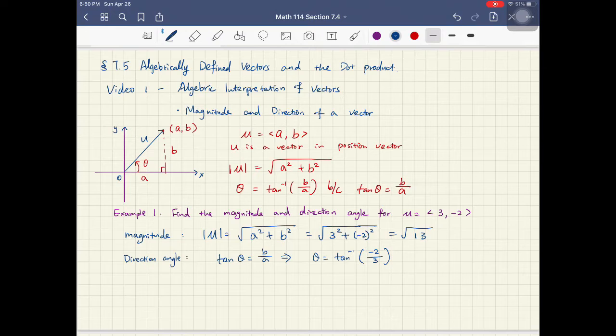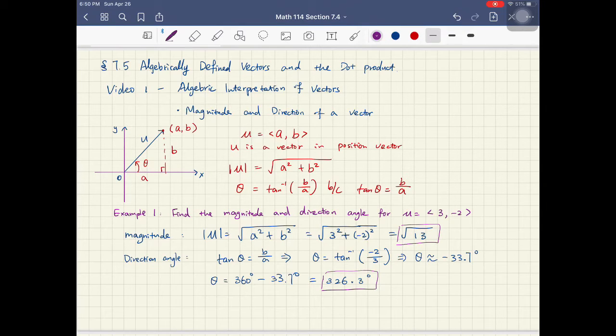When we find it, theta is approximately -33.7 degrees. But we normally prefer to state the angle in a positive direction. So the angle theta is actually 360 minus 33.7, which is 326.3 degrees. And those two are the answers for the direction angle and the magnitude.